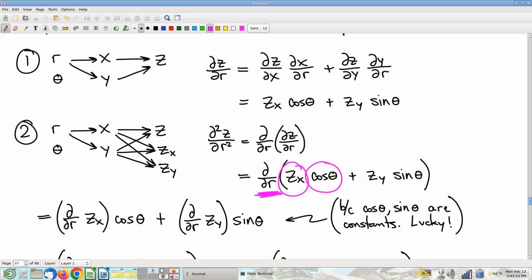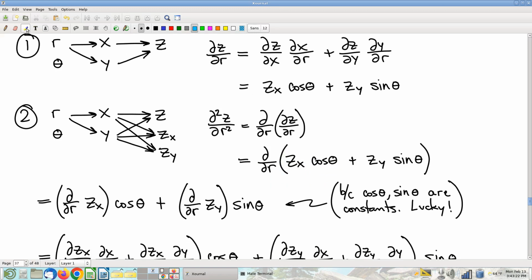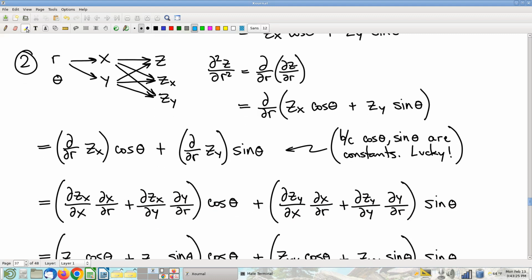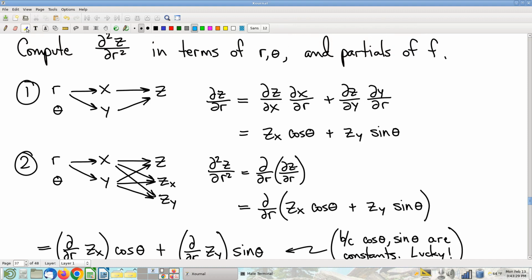Yep? Why don't we include the composition part of the chain rule when we break it down into dz/dx and dx/dr? I didn't follow. Say it again. We're using the chain rule to break dz/dr into dz over dx times dx over dr. Why do we not include the part where we compose x of r?